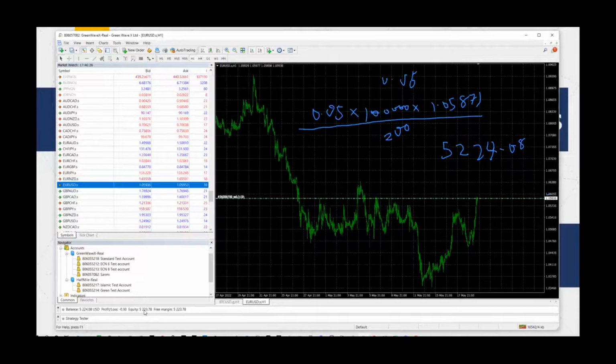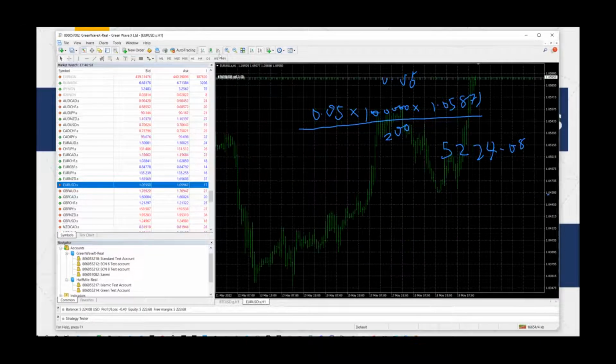my margin is gone. Why is my margin gone? Because there is no way the market moves now that I'm going to make any profit, and I'm not going to make any loss. So I'm opening two 0.05 trades, two buy trades and two sell trades. You will see that there is no way I'm going to lose or gain much from this trade.